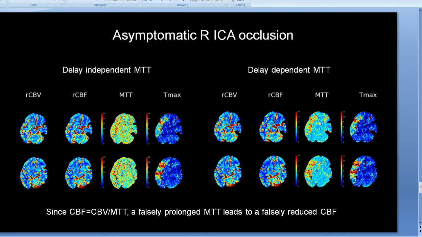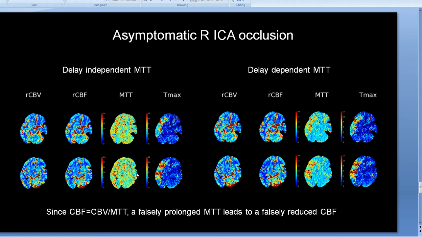So therefore we should not call this patient an acute stroke because of the way it was presented on the map. What is shown is: do not use this map, because this map will make it look like a mismatch and the brain is under ischemia.